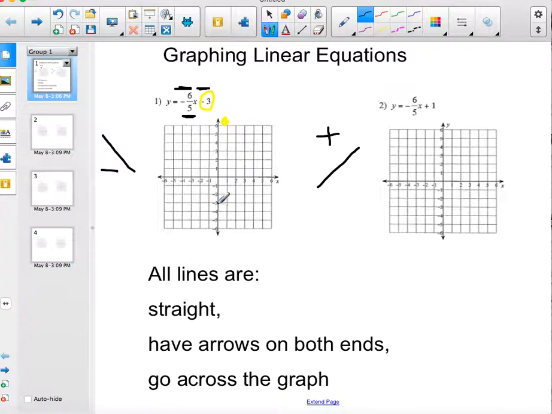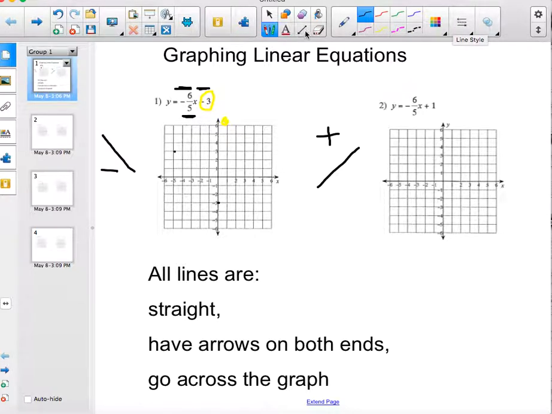So from here, I need to move up 6 and to the left 5. 1, 2, 3, 4, 5, 6, and then over 5. 1, 2, 3, 4, 5. That's where my second point goes. If I was using paper and a pencil, I would take my ruler and connect those dots.